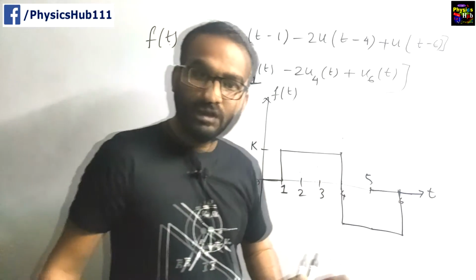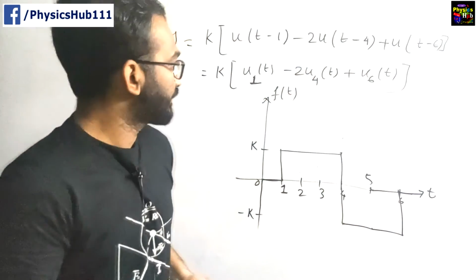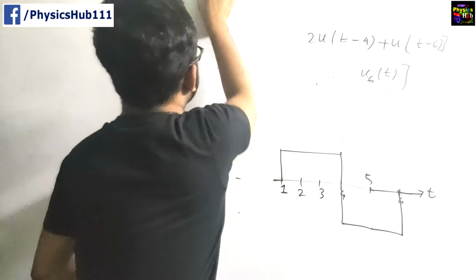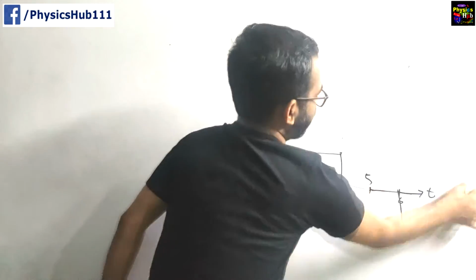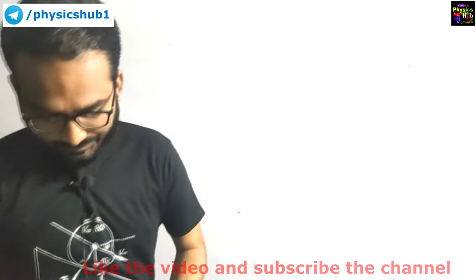Now, let me just give you one problem based on this unit step function. So the problem is like this. Let's say we are given a function, something like this. A periodic square function f of x is given to you.